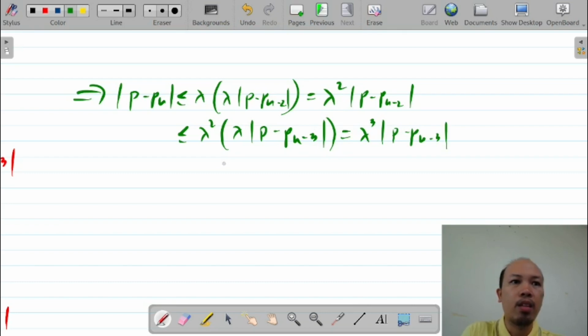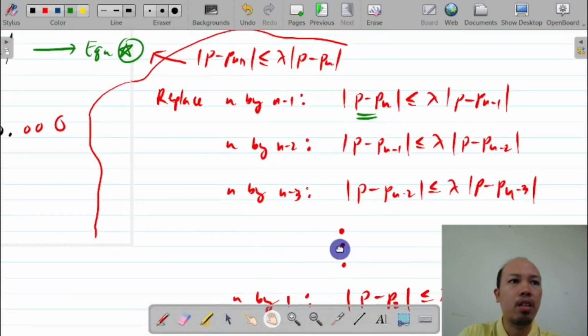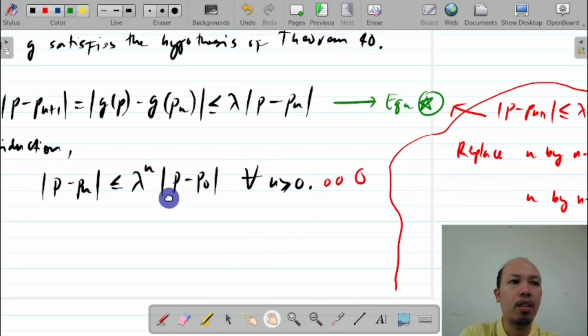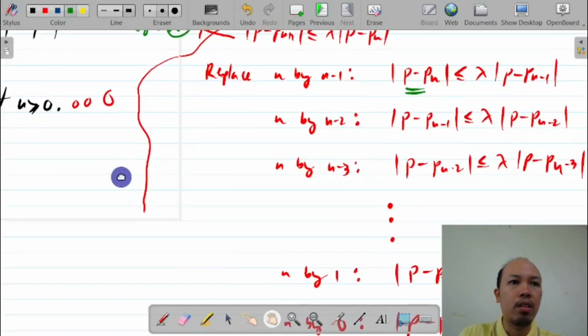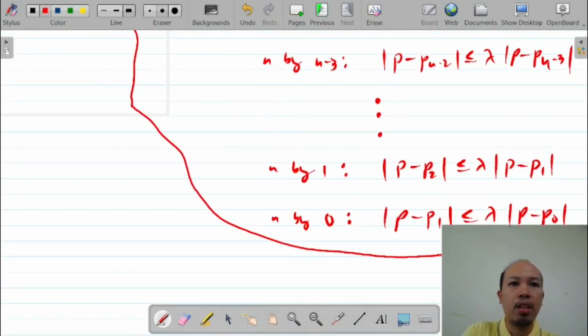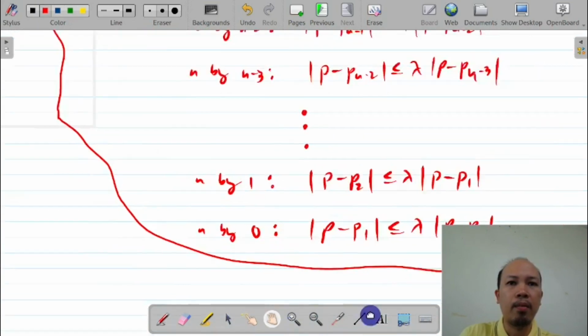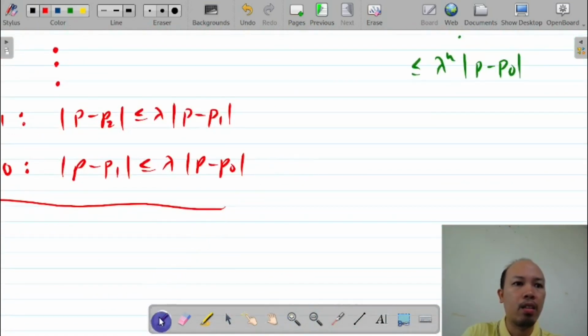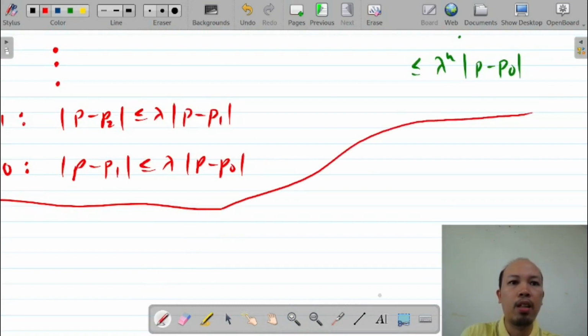And so on and so forth, and then you will have lambda to the n times the absolute value of P minus P sub 0. So this is the bubble thought, and that's how we got the formula.